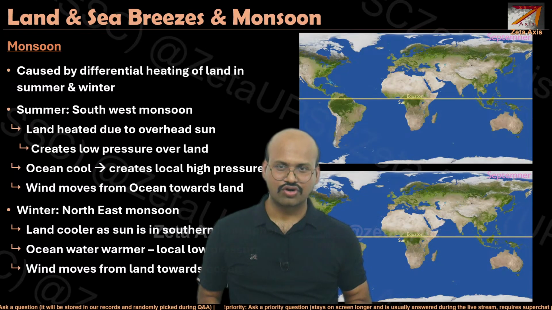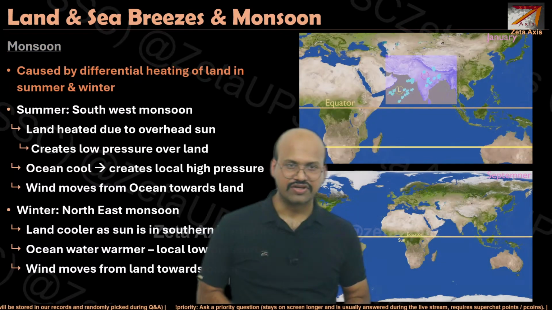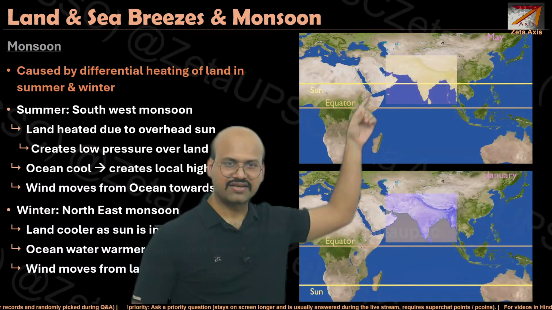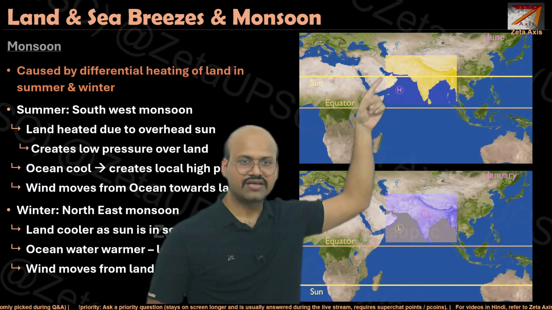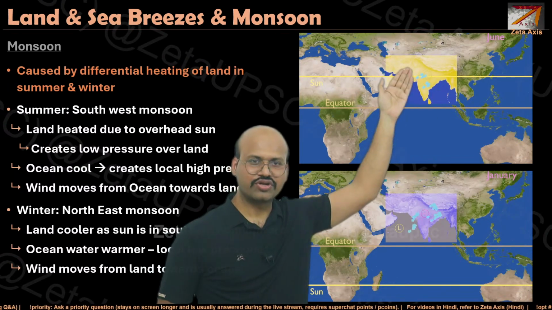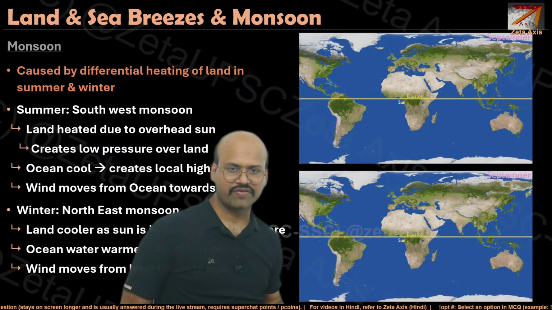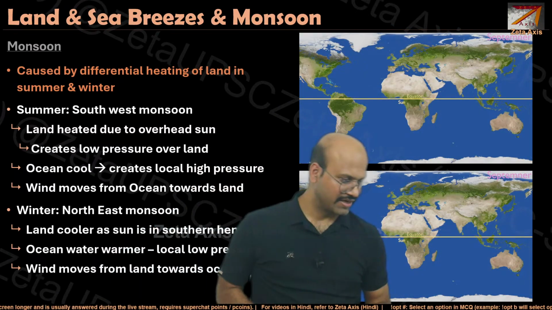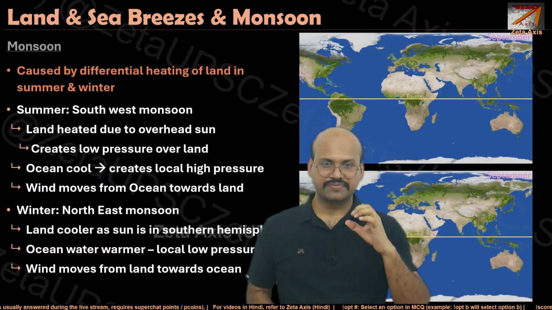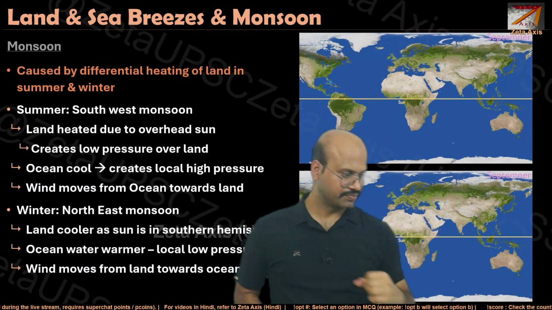And by this, what do we mean? Here in these videos you could see that the sun is over the Indian subcontinent, so it is heated over here, while here it is away. The sun is located over the Tropic of Capricorn. So you could clearly see that there the land was cooler.